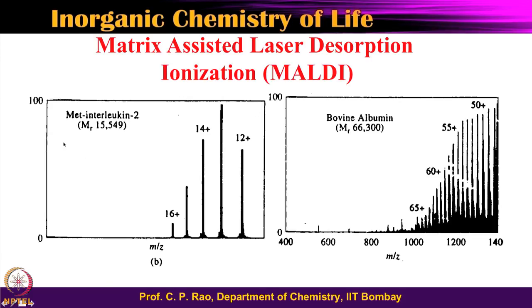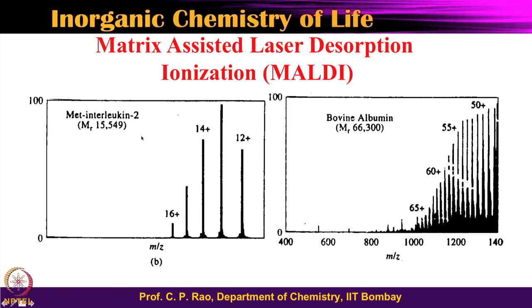There is one on the left side, one on the right side. The one on the left side is MET interleukin, interleukin 2, a protein whose molecular weight is 15,549, that means around 15.5 kD, kilodalton. We refer to it generally as kilodalton.